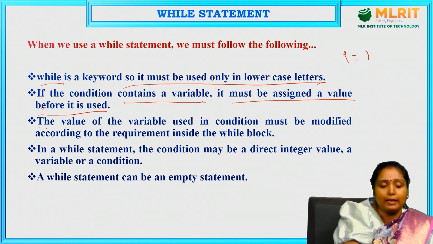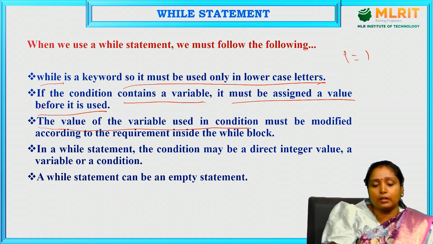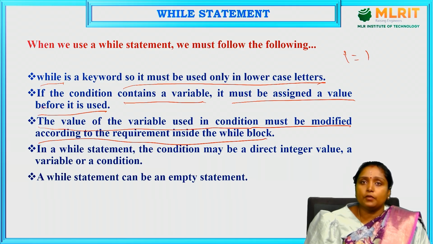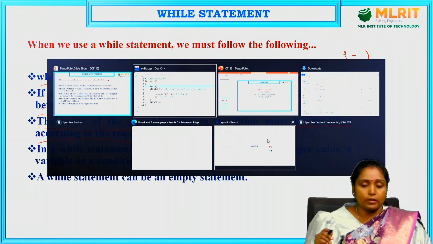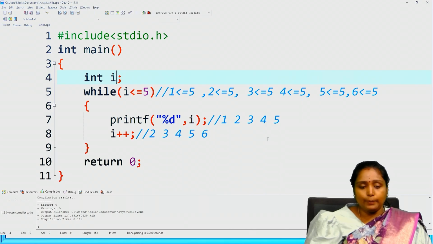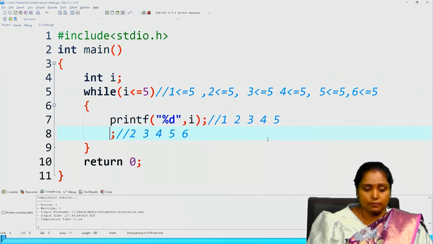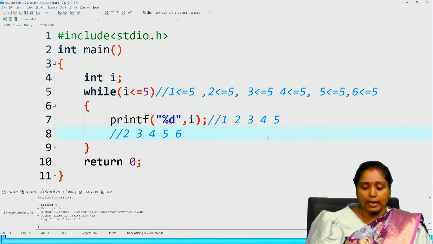Next, the value of the variable used in the condition must be modified according to the requirement inside the while block. Because if I don't write the I plus plus here, what happens?